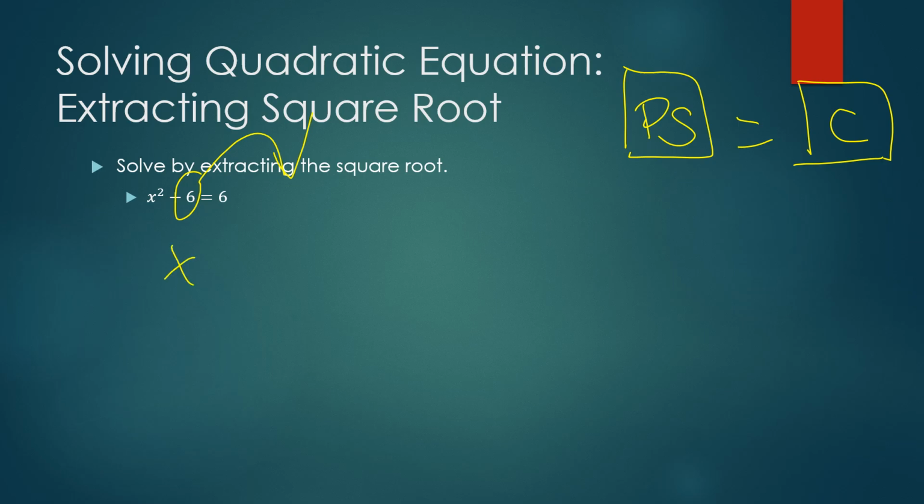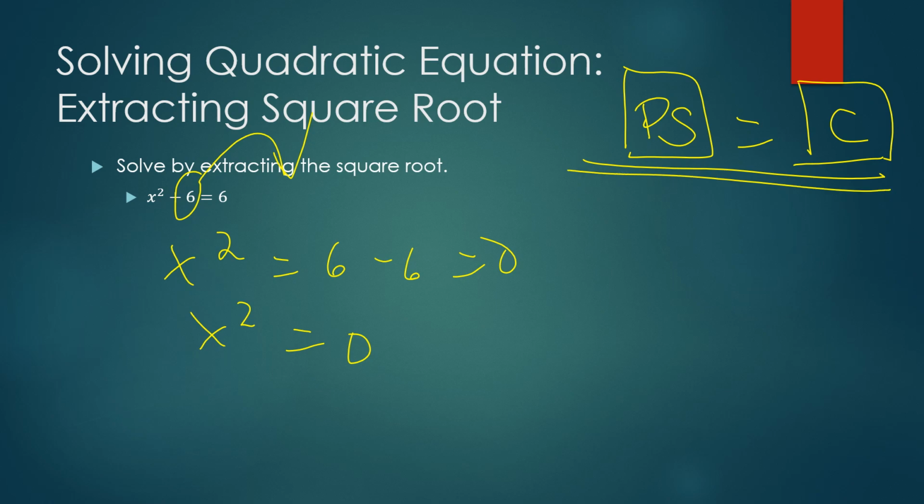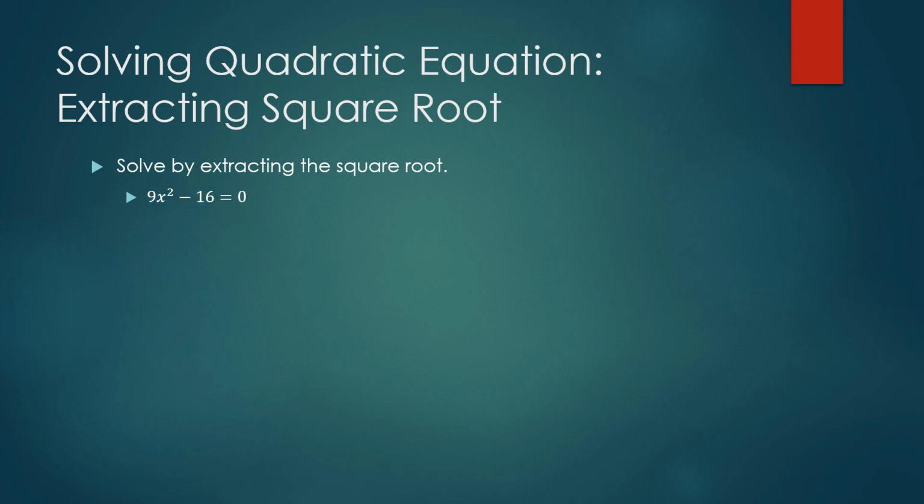We'll have x squared equals 6 minus 6 equals 0, or x squared equals 0. Once we attain this format, we are ready to find the square root of both sides. So extract the root. Square root of x squared is x. Square root of 0 is simply 0 because 0 is an unsigned number.